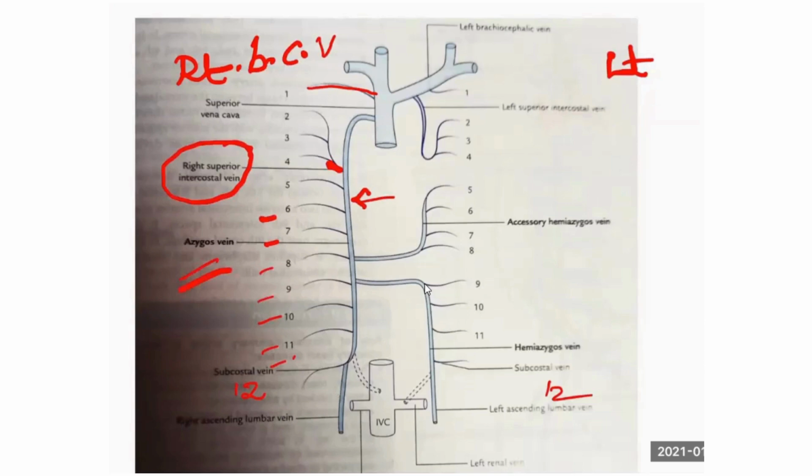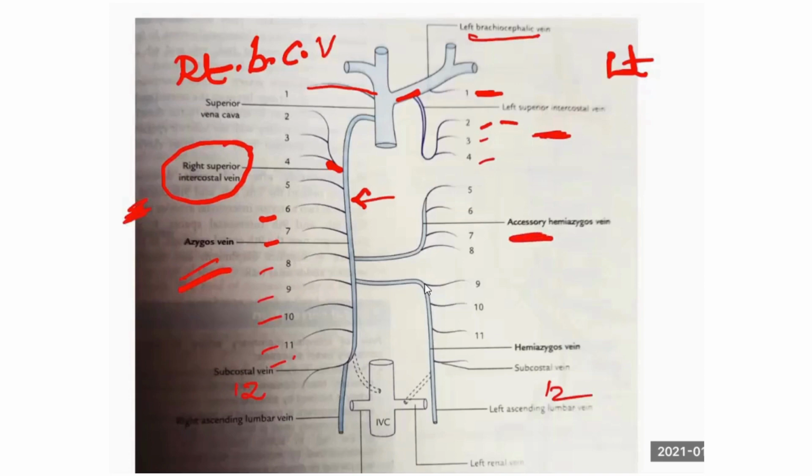On the left side, 1 drains into the left brachiocephalic vein. 2, 3, 4 unite to form, similar to the right superior intercostal vein, the left superior intercostal vein, which drains into the left brachiocephalic vein. Am I right? Closely observe the picture. This picture tells you all the drainage.